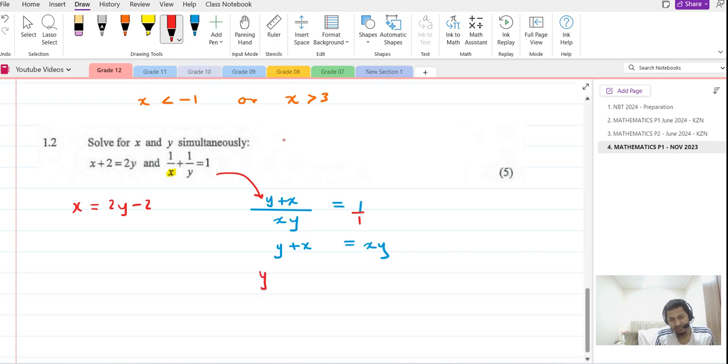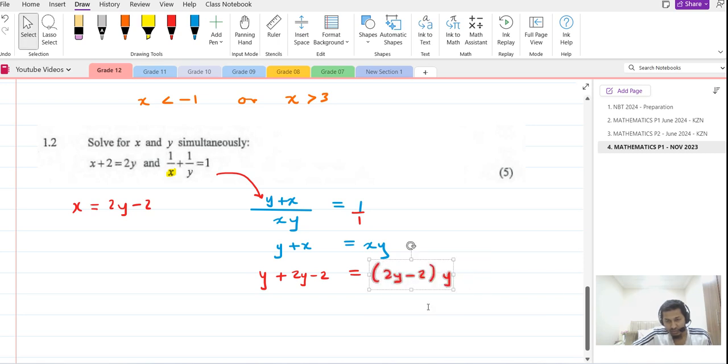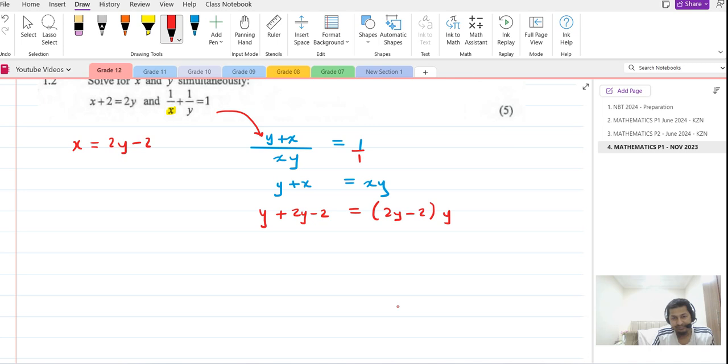Now we know what the value of x is, 2y minus 2. So y plus 2y minus 2, that's what x is equal to, y times what is x? 2y minus 2. If you want to write it like this, there is no issue. You can write it like this as well, put the y at the end, no problem. Now we will expand and simplify. So what we see here is that we have 3y minus 2 is equal to y times 2y is 2y squared, y times minus 2 is minus 2y.